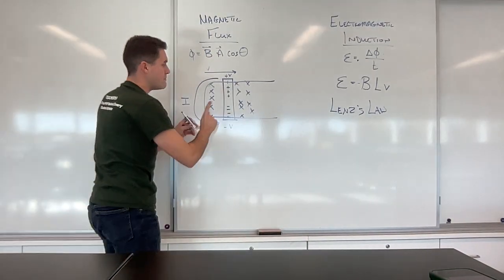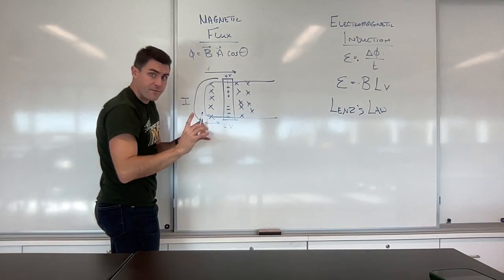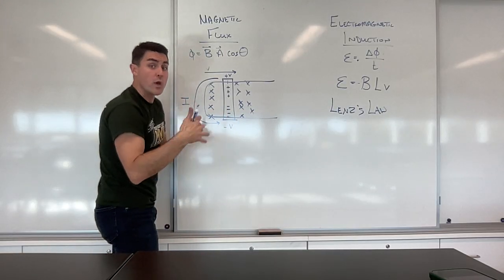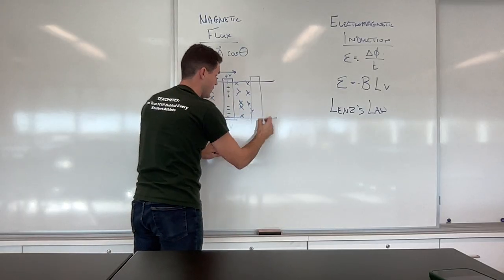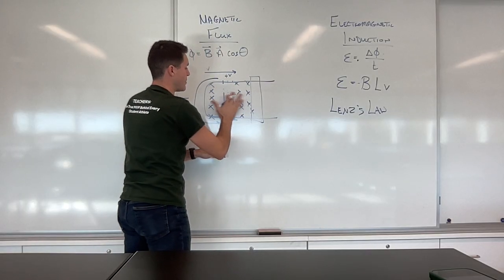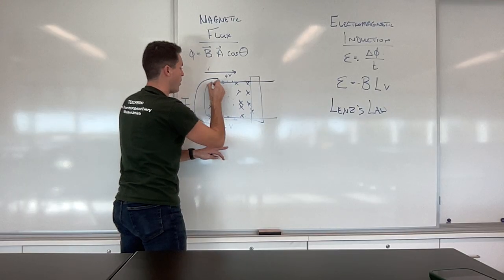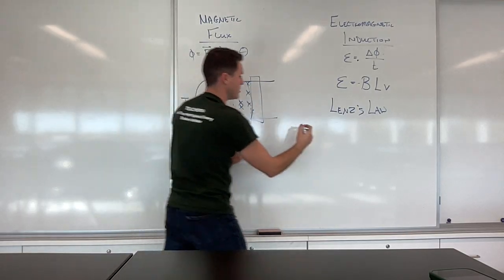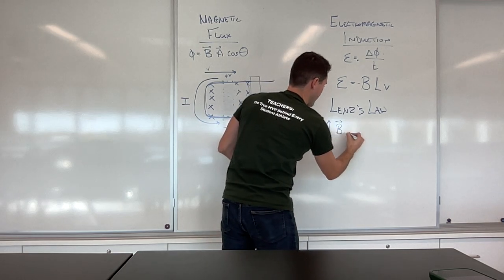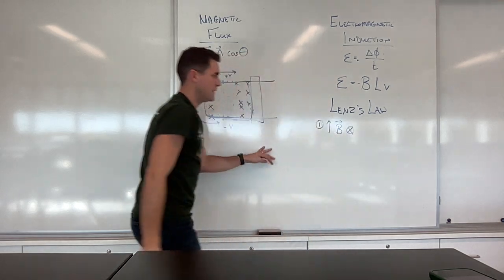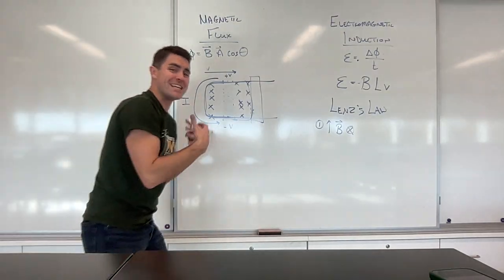As this object moves from here through the magnetic field, as it goes from here to say now the bar is over here, we would say that within this loop of wire, we have increased the magnetic field that is into the page. We've increased the amount of B field pointed into the page inside that loop.